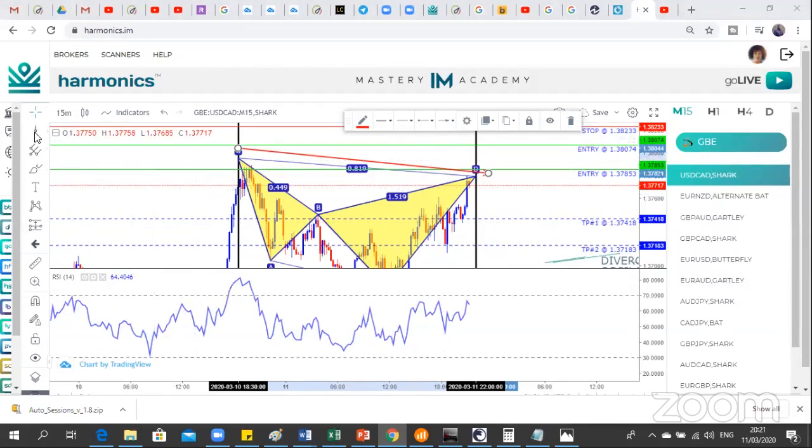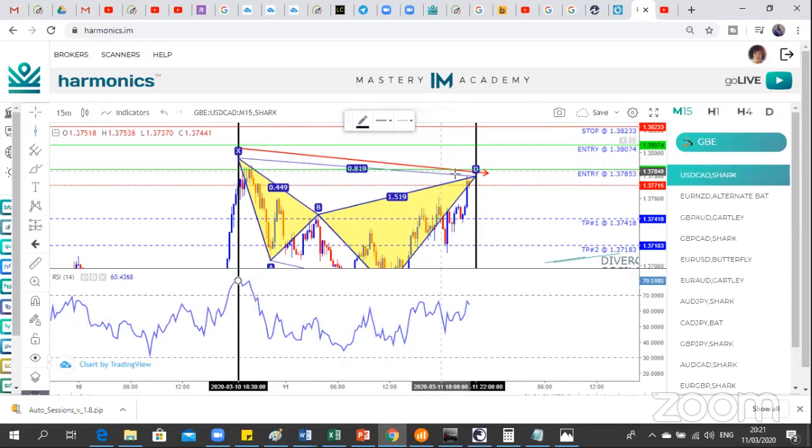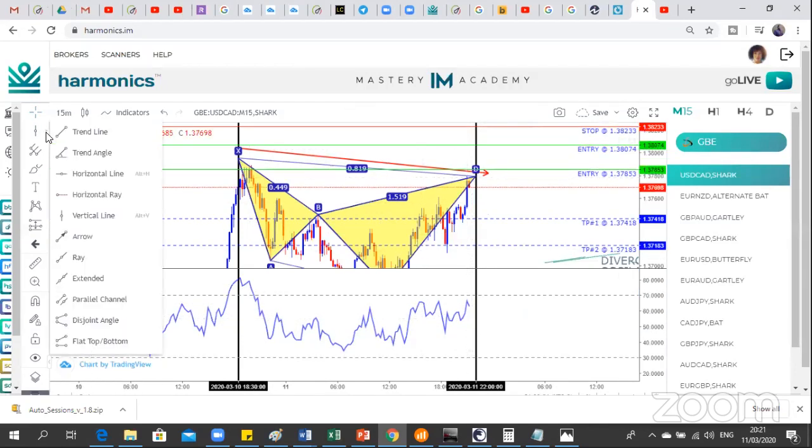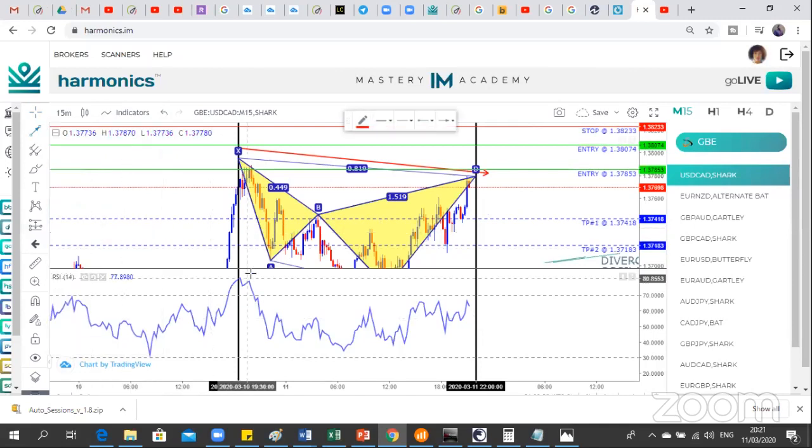So I will also pick the X point on the RSI, and I'll pick the D point on the RSI. If you can't see properly, pick your arrow from this point.